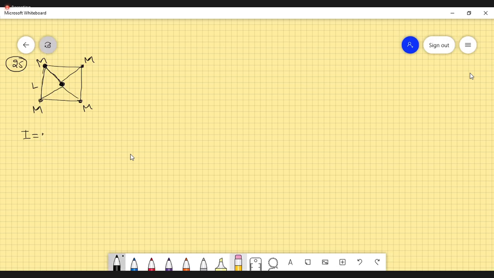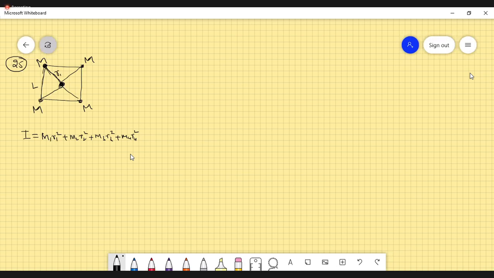That can be written as I equals m1 r1 square plus m2 r2 square plus m3 r3 square plus m4 r4 square. Here find the r value, the distance. What is the r value?